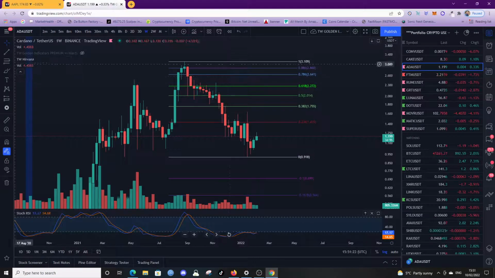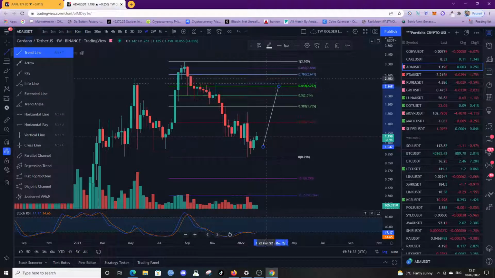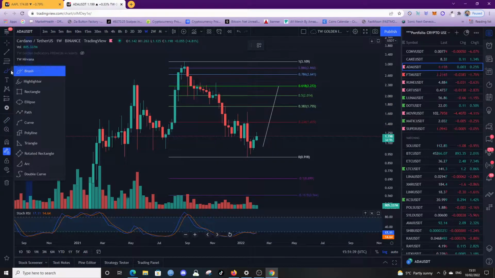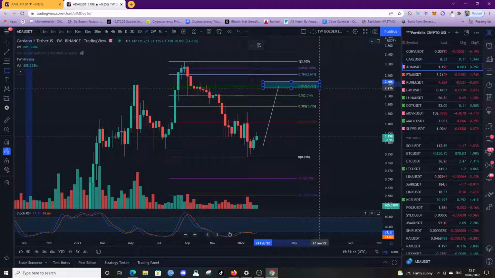What will happen, I can see, is going all the way back up to 618. We might see selling pressure on the weekly chart in this area, where you could look at taking some kind of profits around here.